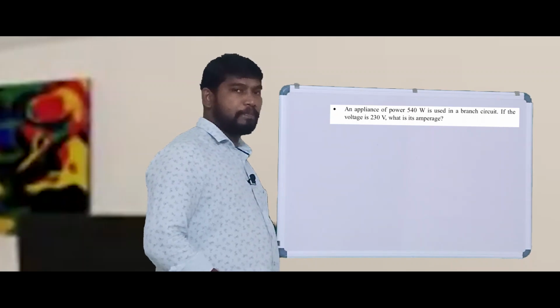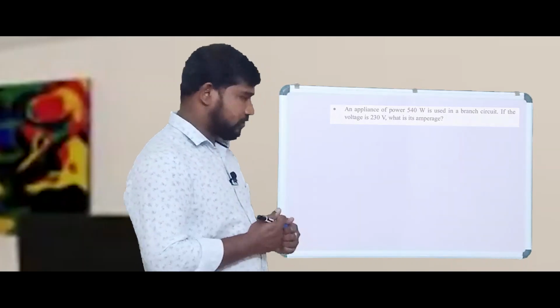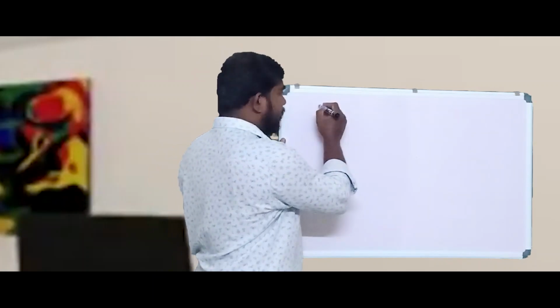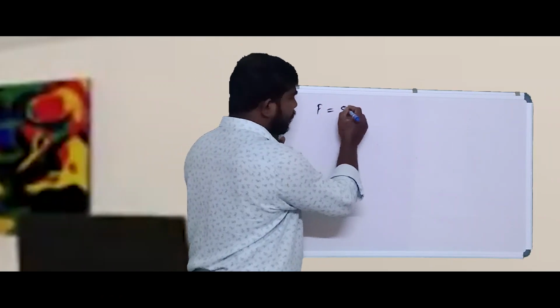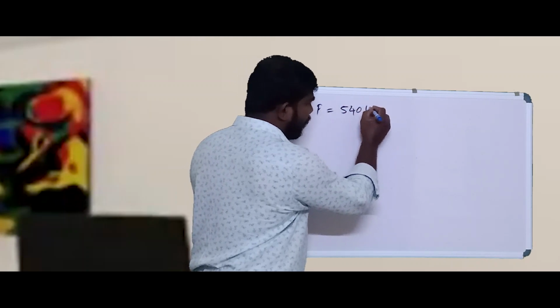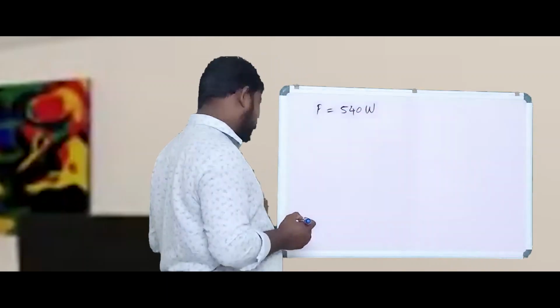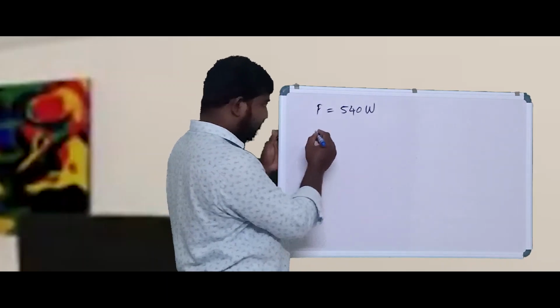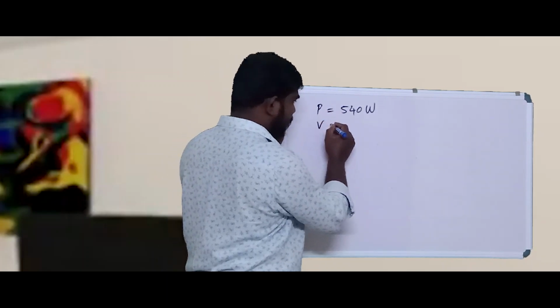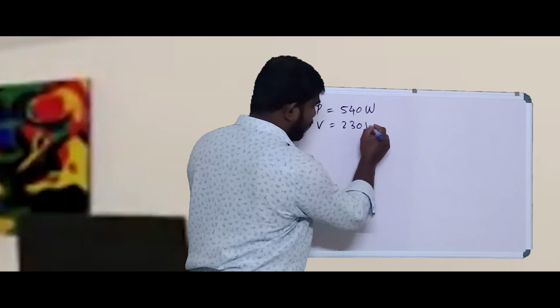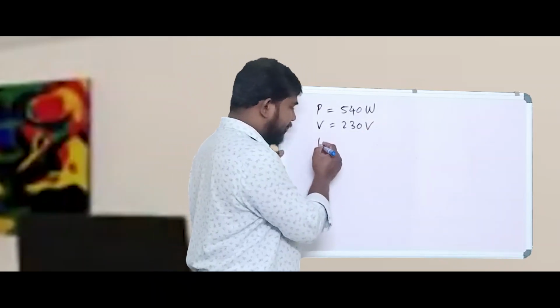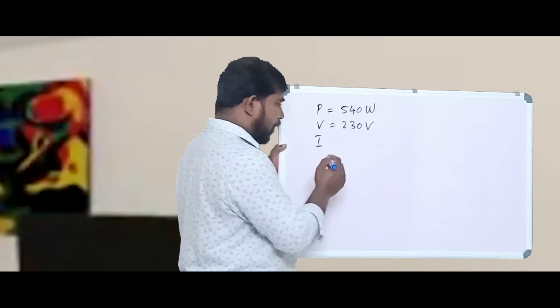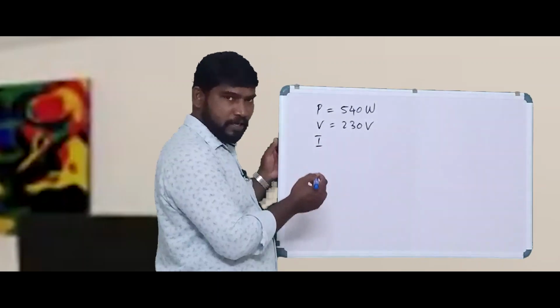Power P is equal to 540 watts, and its voltage is given, capital V is equal to 230 volts. So the question is, what is its amperage? Amperage means I.